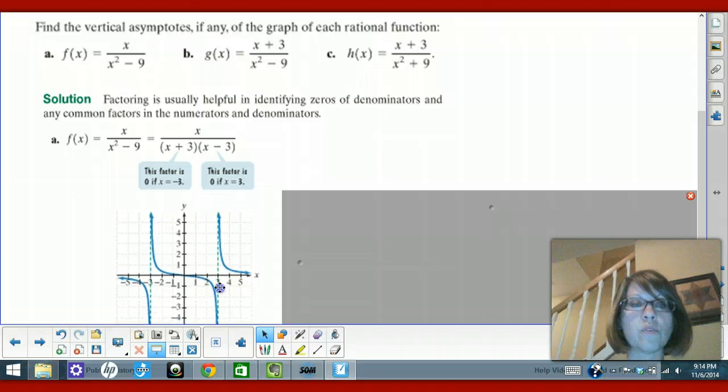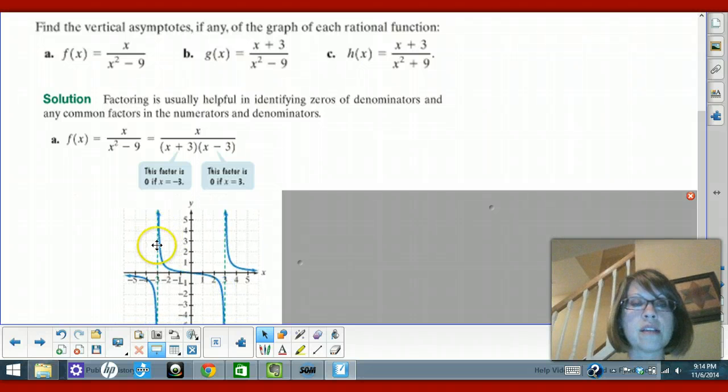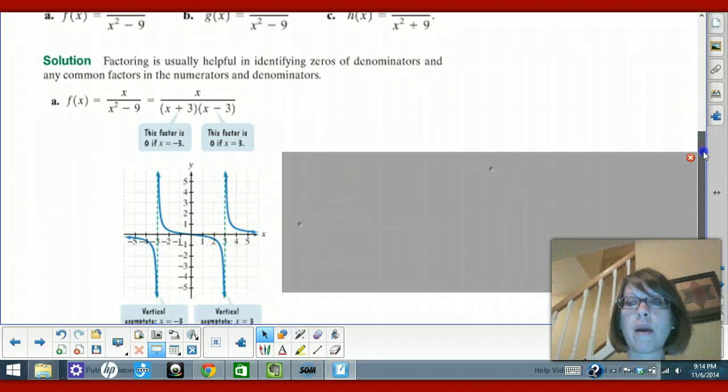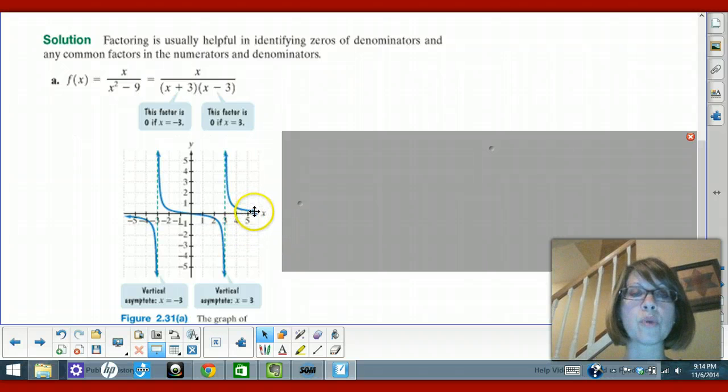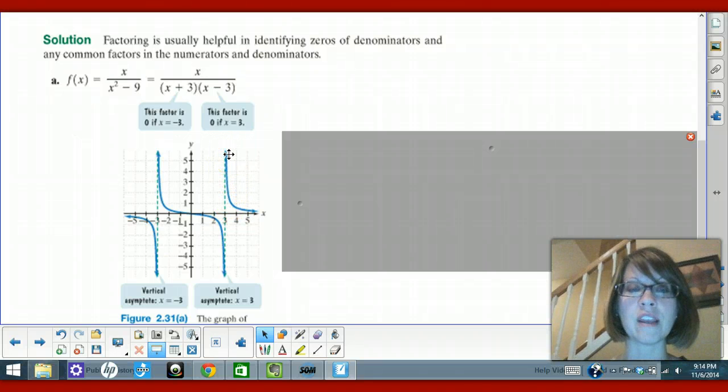So x equals -3, here's a vertical asymptote, and x equals +3, there's a vertical asymptote. If we want to talk about increasing, decreasing, or the arrow notation from the previous objective, we could say as x approaches 3 from the positive side, f of x is going to infinity.